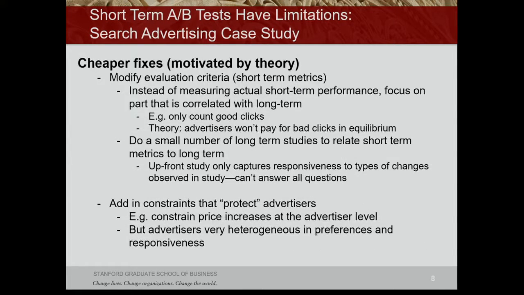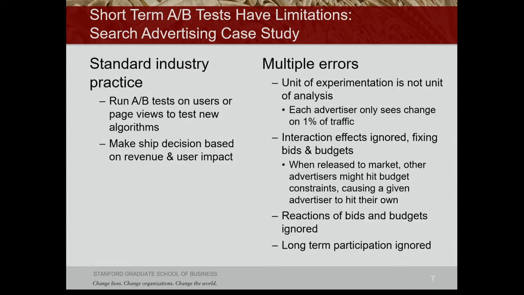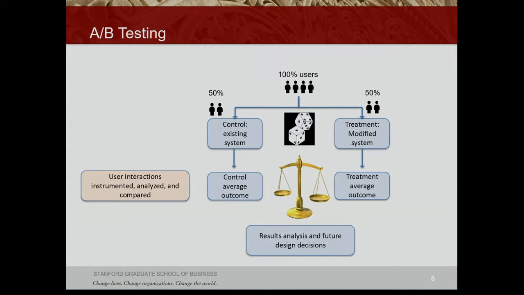Okay. So some of the cheaper fixes, and this is a bit of the state of the art that's motivated by theory, but still doesn't really slow down your progress or change things fundamentally, is to modify the evaluation criteria. So for example, when I'm going to decide whether to ship an algorithm, I've got some numbers I'm looking at, and I might measure revenue.